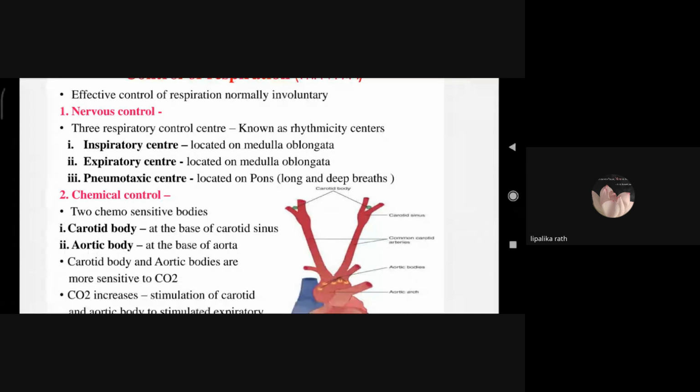Everyone can feel that we cannot control the respiration throughout the day, and if we are able to do so, then we are Siddha Yogi. Only a yogi can control the respiration throughout the day.